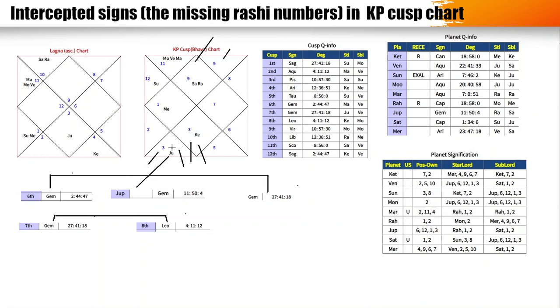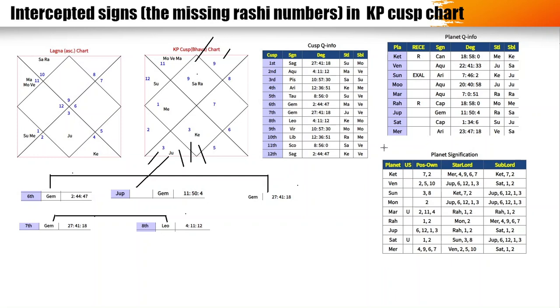This is what you will usually think. Similarly here, Jupiter is the ascendant lord and also the 12th lord. So the 1 and 12 combination tends to negate each other. But this is not the way you should be interpreting the intercepted cusp.